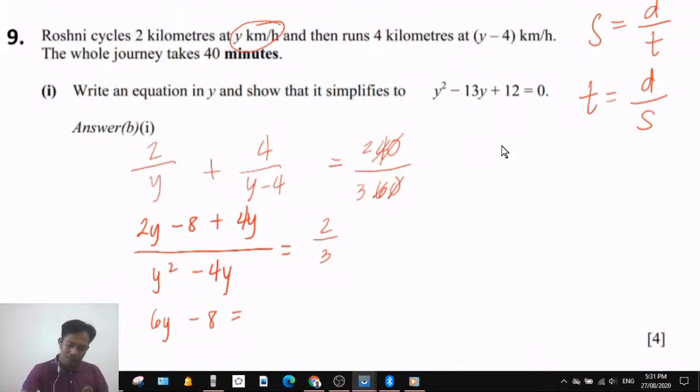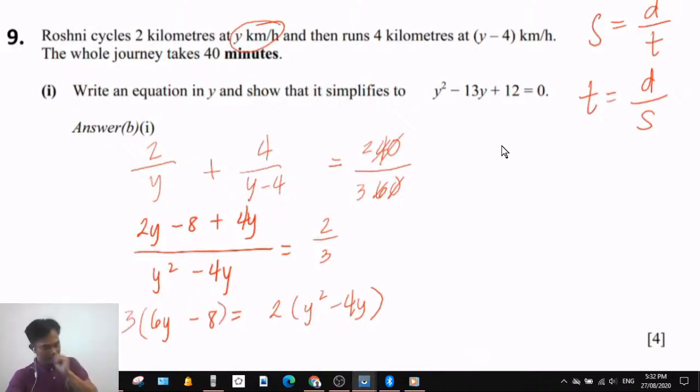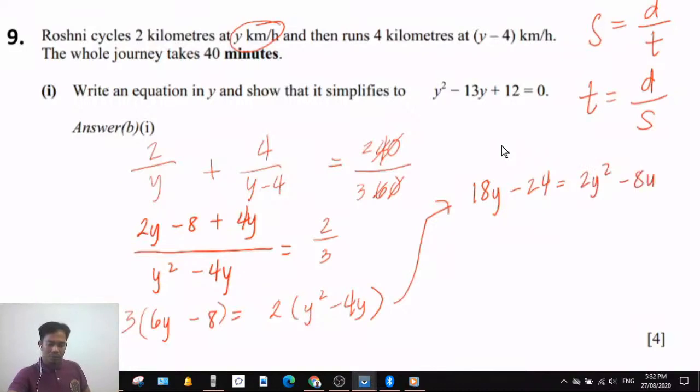So this one now will become 2 times y squared minus 4y, and the 3 will be multiplied to 6y minus 8. So this will now become 18y minus 3 times 8, which is 24, is equal now to 2y squared minus 8y.